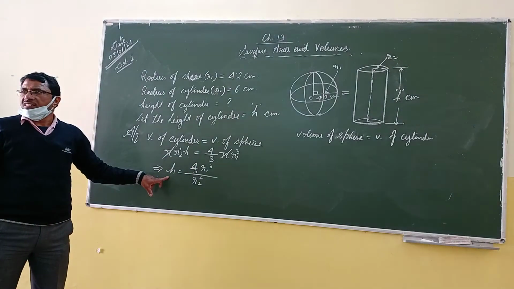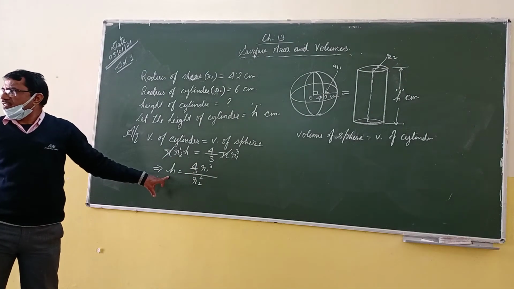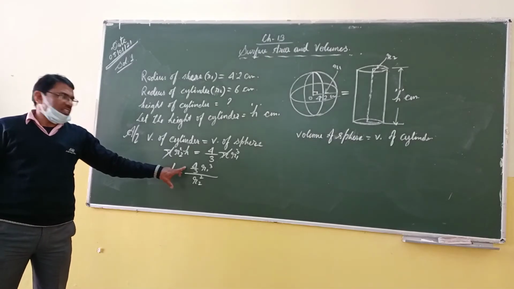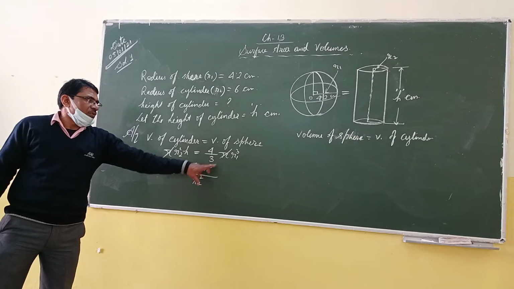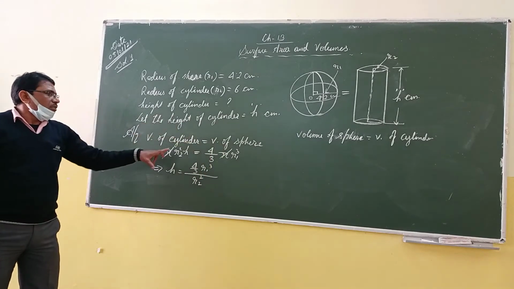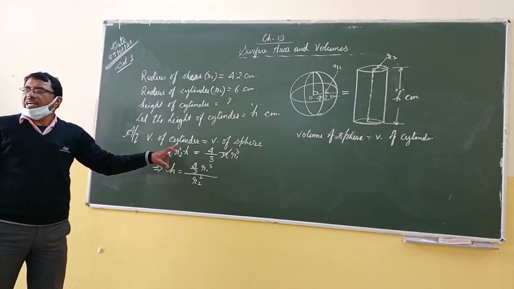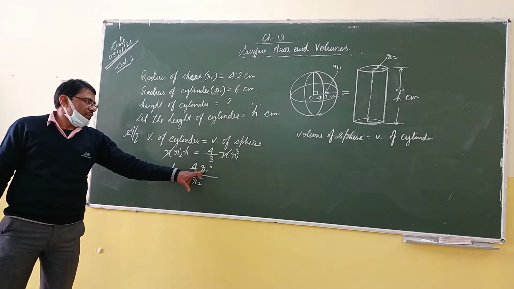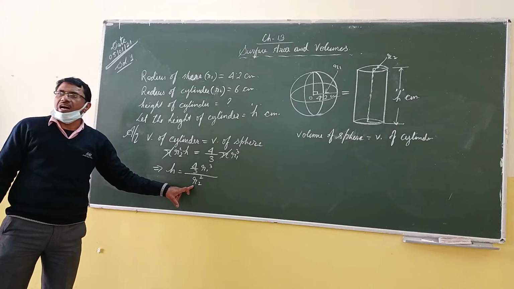4 by 3 pi is cancelled. We are finding our h. Where our subject is h, we are finding height of cylinder. That's why 4 by 3 pi r1 cube this side. Now this r2 square will go right side, this will divide. So that's why h equals 4 by 3 r1 cube by r2 square.